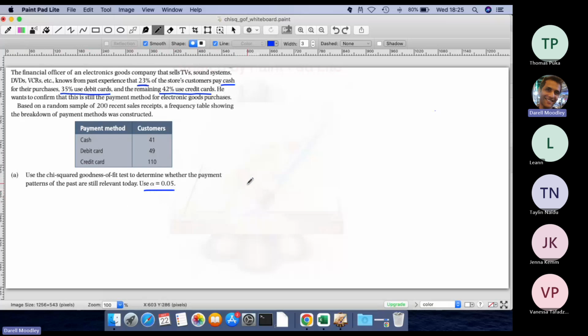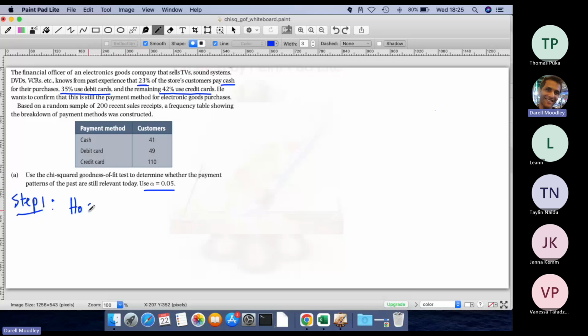Okay, so just like before, there are 5 steps to the hypothesis test, right? Step 1 is to state your hypotheses, H0 and H1. All right, so H0. Now your H0 will always be that the distribution is the same. Now don't just say the distribution is the same.